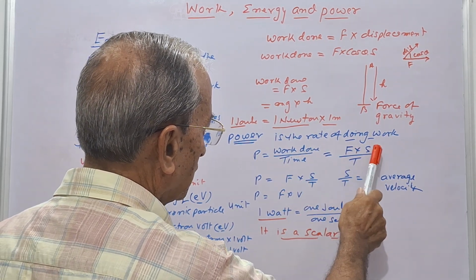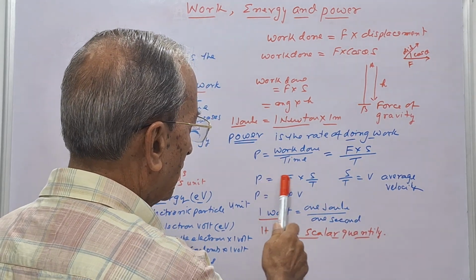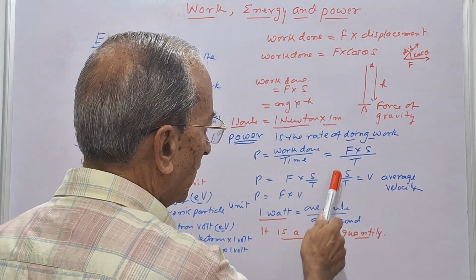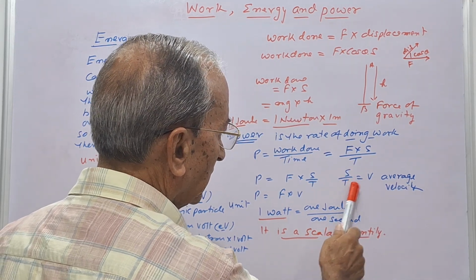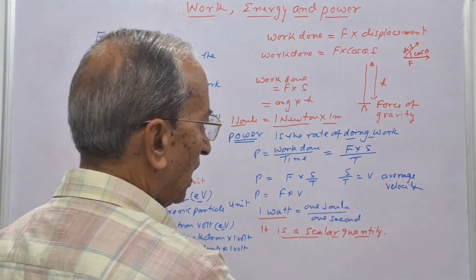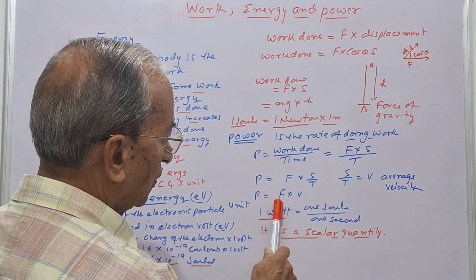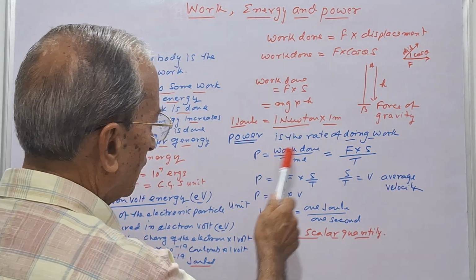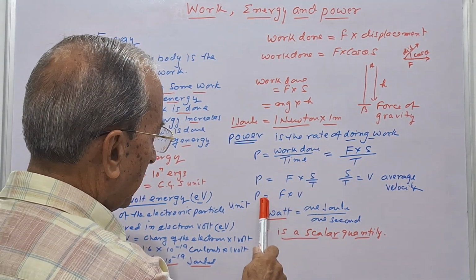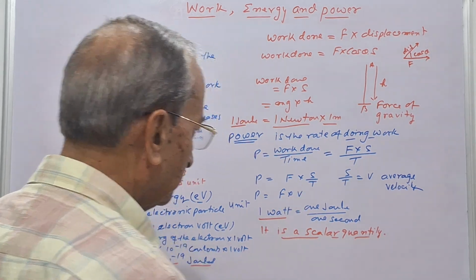Work done is force into displacement, and time is t. So power is equal to F into S upon t, where S is the displacement and t is the time. This S upon t, that is displacement upon time, is the average velocity. So we say that power is equal to force into average velocity. So power is equal to work done upon time, and also power is equal to force into velocity.